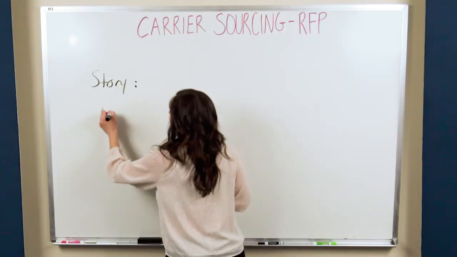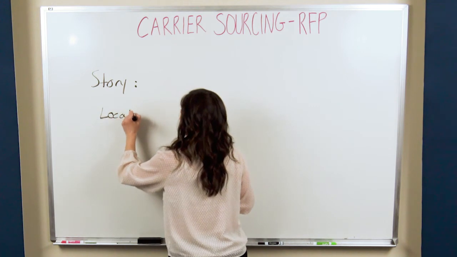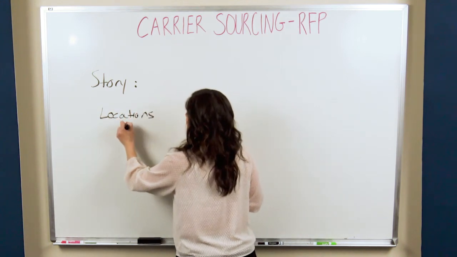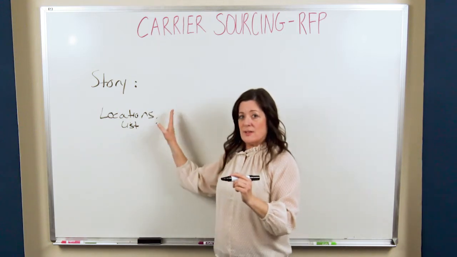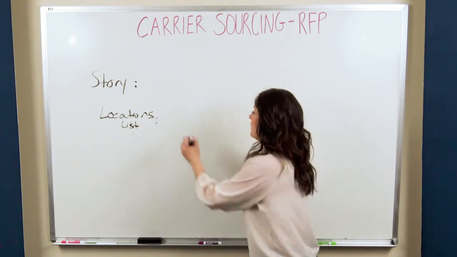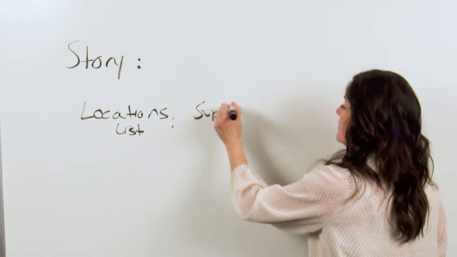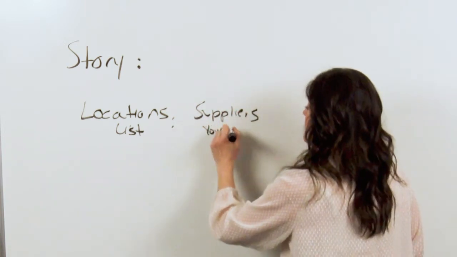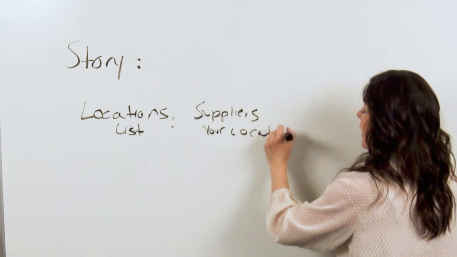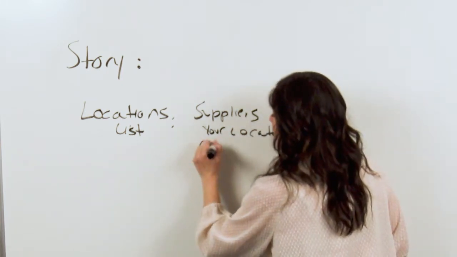And then you're going to want to provide them a full locations list. And not just the locations that you're shipping and receiving from, but you want to provide them your suppliers, your locations, and then all of your customer locations.